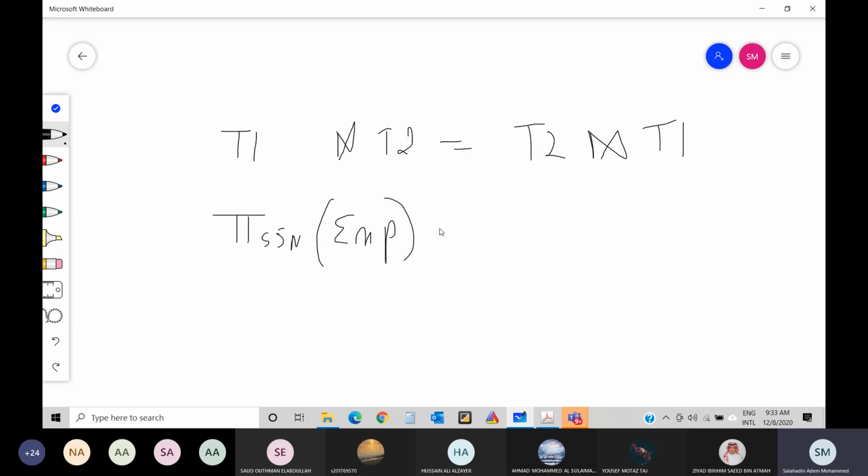Do you think this is the same as project SSN, again project SSN and first name, again project SSN, first name, last name from the employee table?